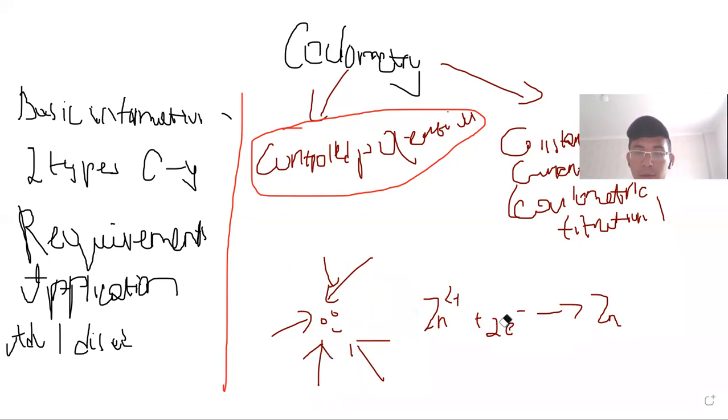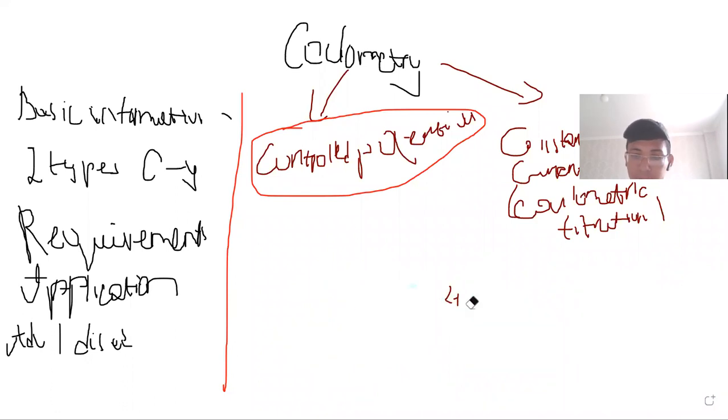Let's talk about constant current, or coulometric titration. Coulometric titration is based on measuring the combining capacity of the analyte with the standard reagent.